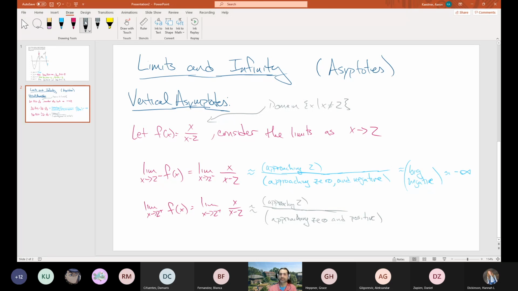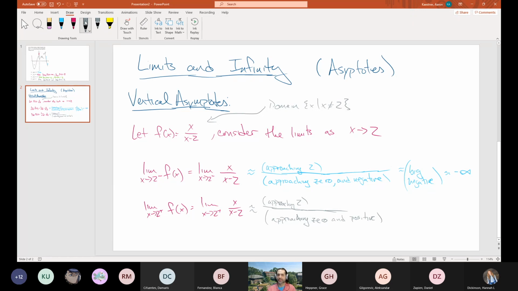So when I think about that reciprocal again, dividing by small positive numbers, numbers that are getting close to zero from the positive side, it's like multiplying by big positive numbers.